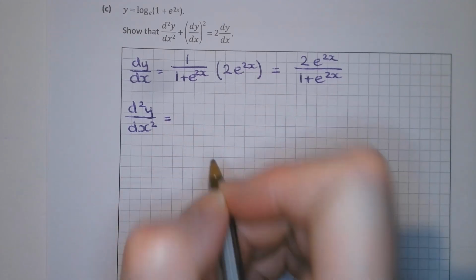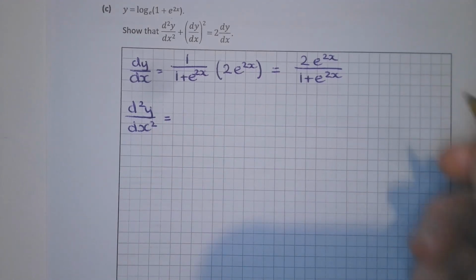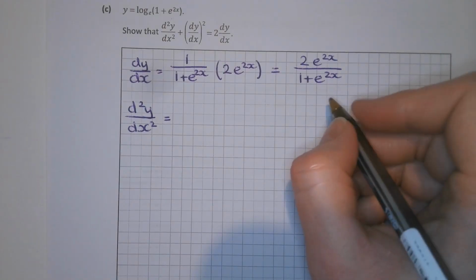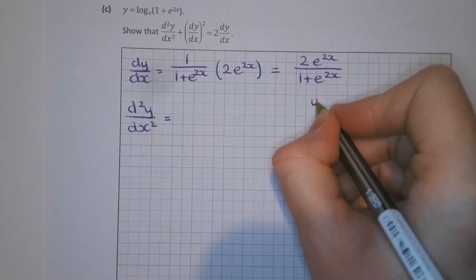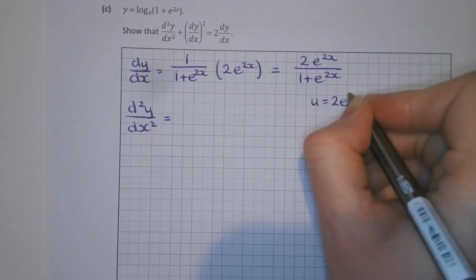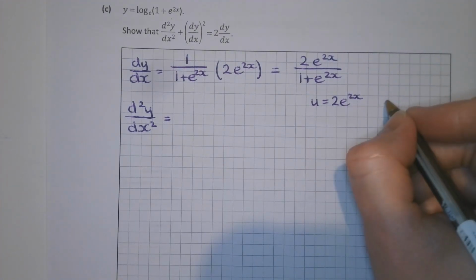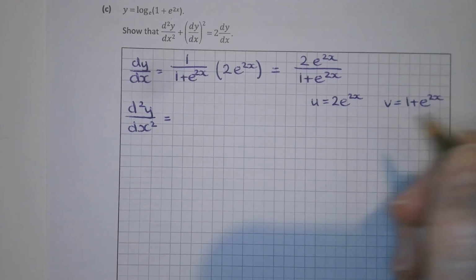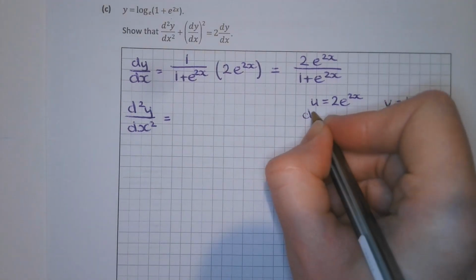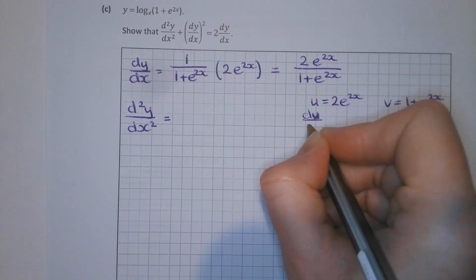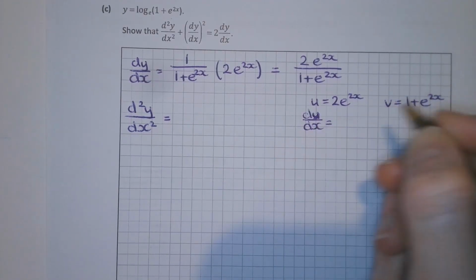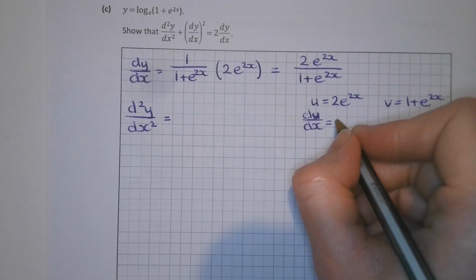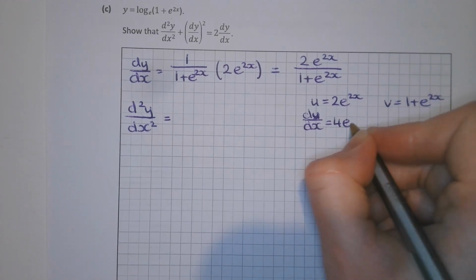So for this, we're going to use the quotient rule. What we could do is write it as u equal to e to the power of 2x, and v equal 1 plus e to the power of 2x. So when we're looking at it, du dx will be equal to 4e to the power of 2x.